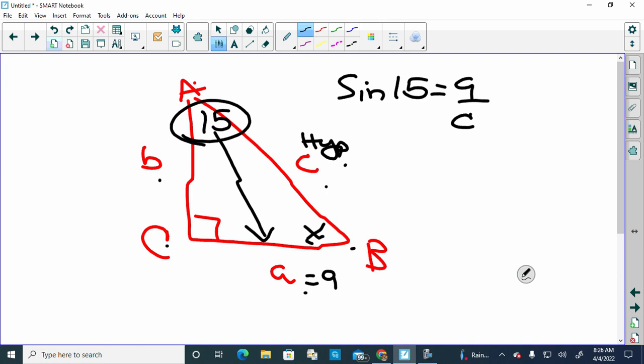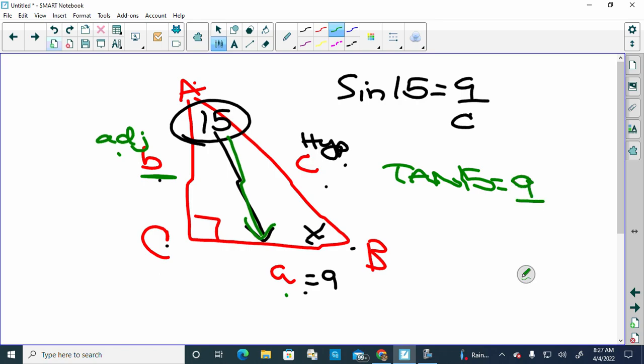So then the one that's left, you would use this and the opposite one, but now this one is called the adjacent. If you're using opposite and adjacent, that's tangent, so it'd be tan 15, and tangent has opposite on top over adjacent, and you're going to do the same thing that you did on this one.